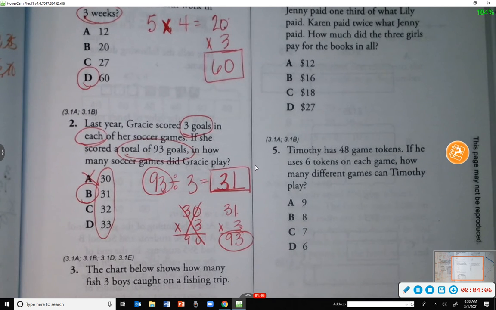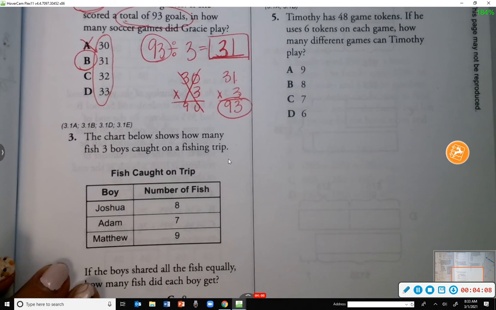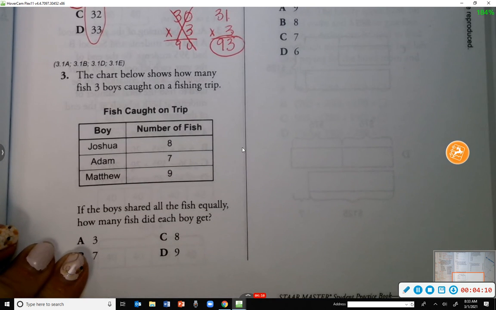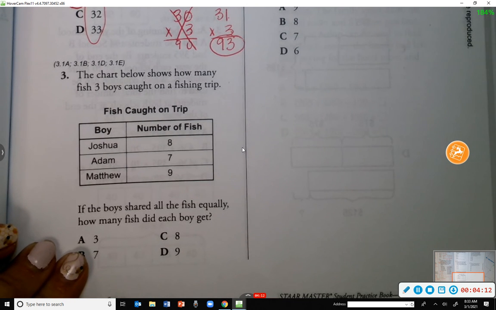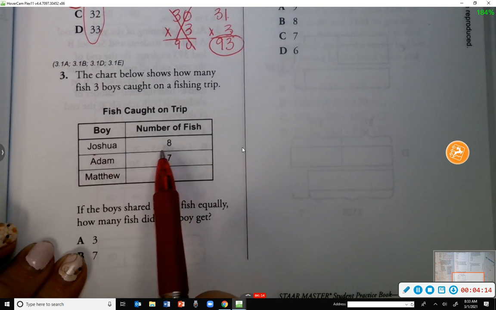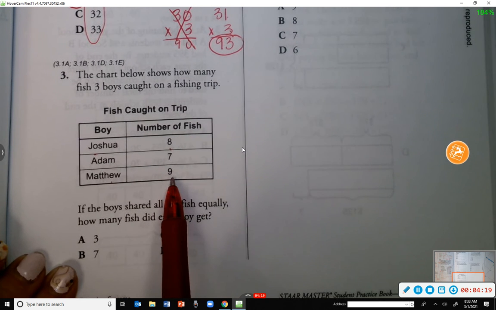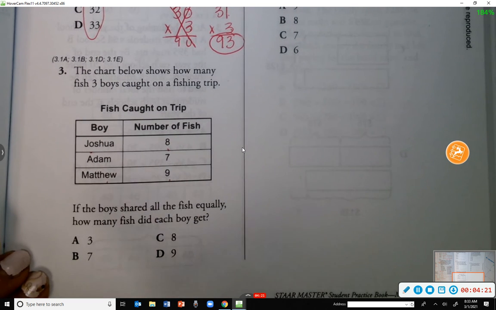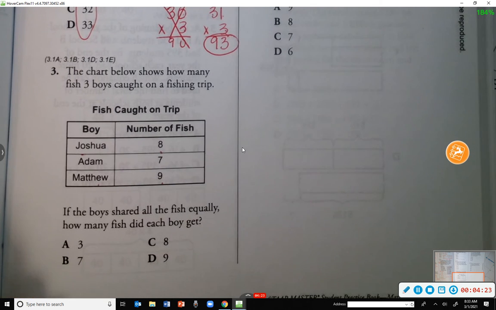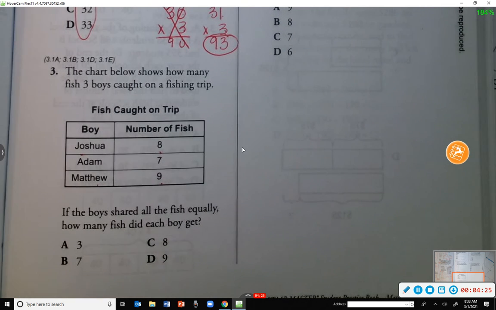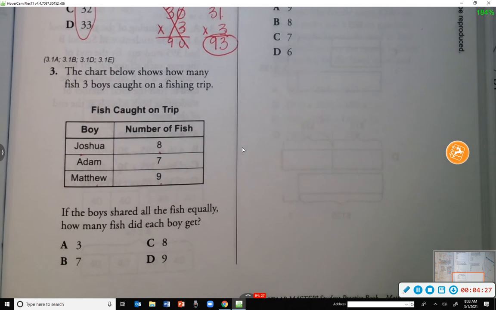Number 3, the chart below shows how many fish 3 boys caught on a fishing trip. So Joshua caught 8, Adam caught 7, and Matthew caught 9. If the boys shared all the fish equally, how many fish did each boy get?